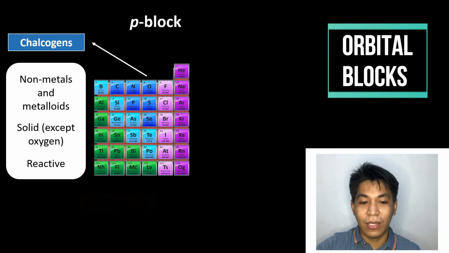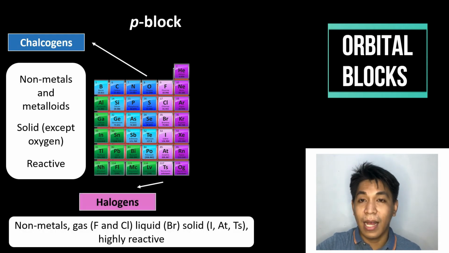The next column is called the halogens. Halogens are all nonmetals. The elements fluorine and chlorine are gaseous at room temperature. Bromine is liquid at room temperature, while the other three are solids at room temperature.